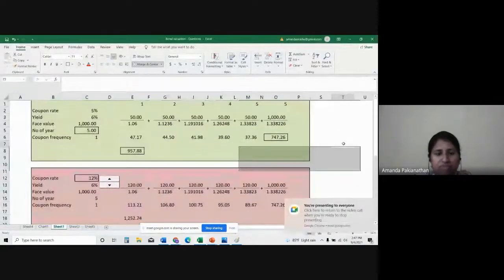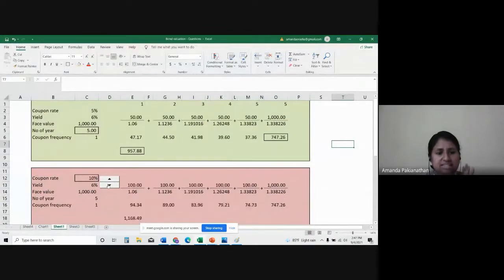Now, before we wind up, I want you to understand a certain difference that is happening here. Both these scenarios have the same information, no change. We saw that if the coupon rate increases, the value of the bond increases, correct?